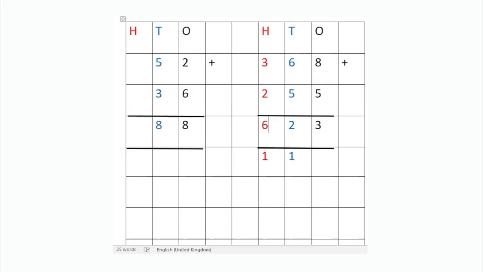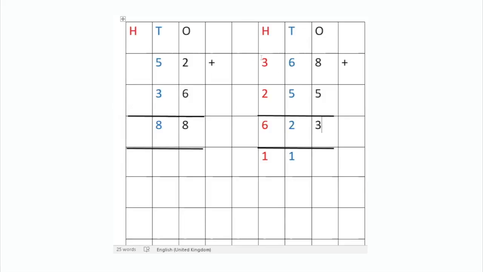So in terms of understanding the hundreds, tens, and ones, when you're adding each column together, you don't need to know that this is 60, add 50, add 10. You can just do each one as it looks. So 8 add 5, 6 add 5, 3 add 2. Obviously, it is the hundreds column, this is the tens, this is the ones.